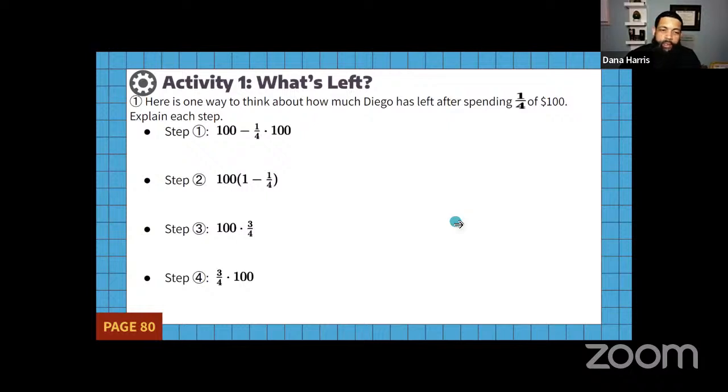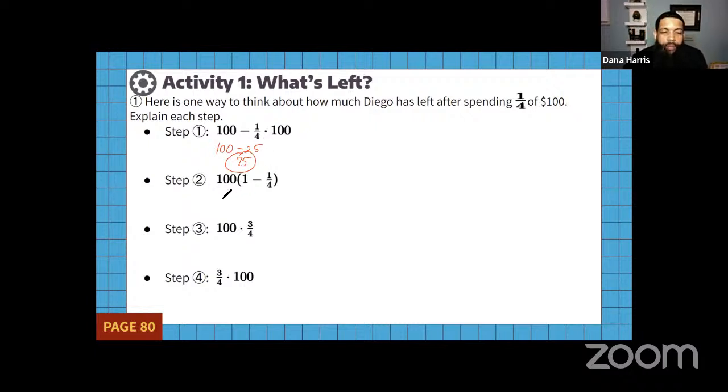Here are 4 different ways that we could represent the amount they would have left. Number one, we have $100, and then 1/4 times 100. According to order of operations, this would be 100 minus 25, which equals 75, because you multiply the 1/4 times 100 first.